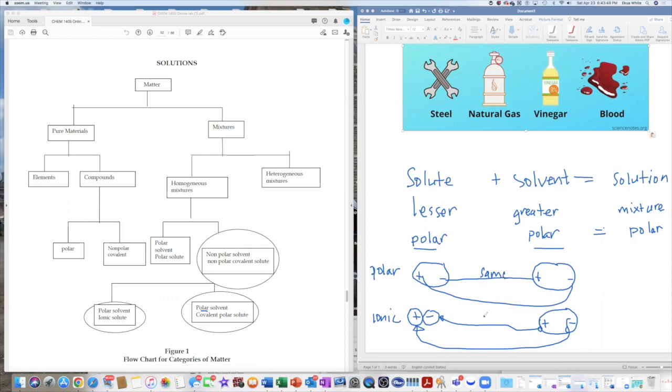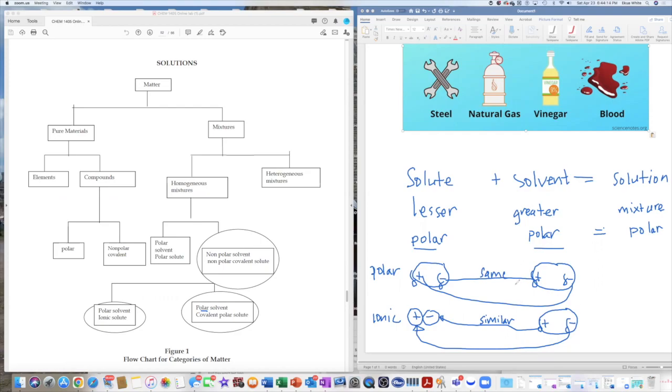In this case, we have similar forces. Once again, to be clear, in a polar molecule the charges are partial positive and partial negative, which was talked about before, right? So these are the same, and over here, these are similar, but it's similar enough to dissolve it.